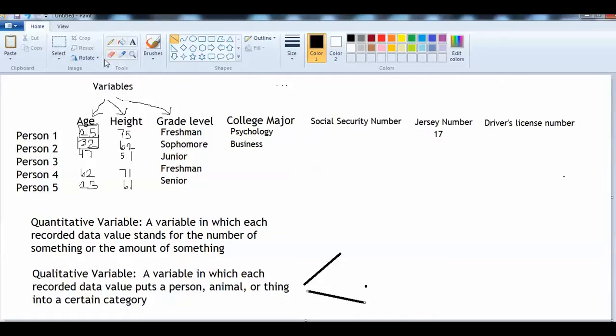A qualitative or categorical variable can be nominal or ordinal.